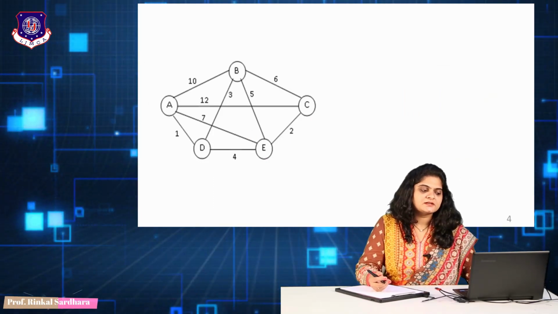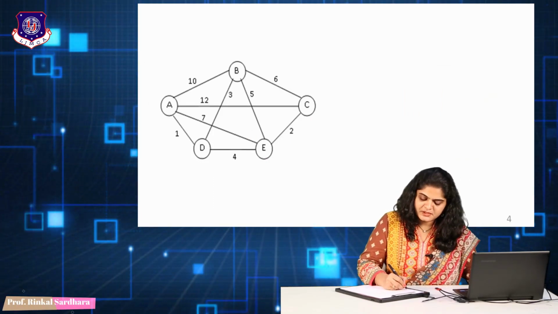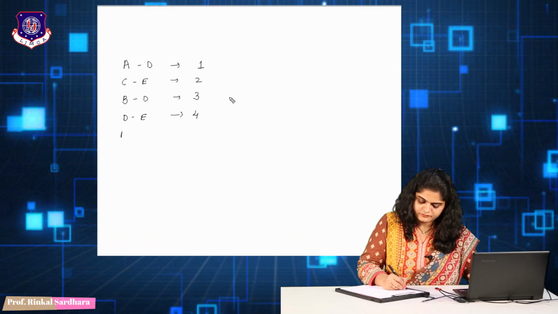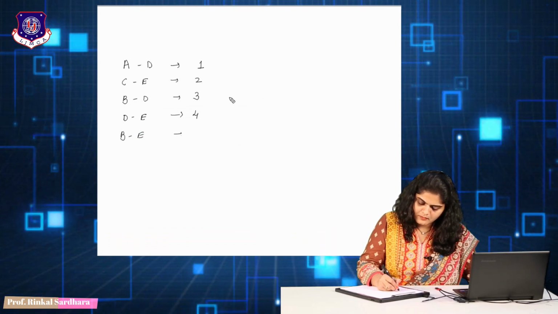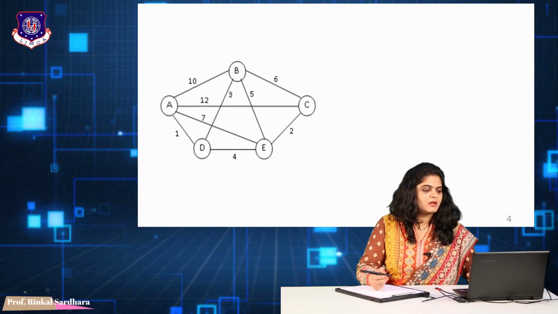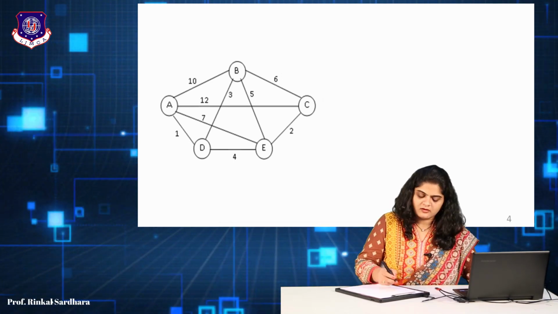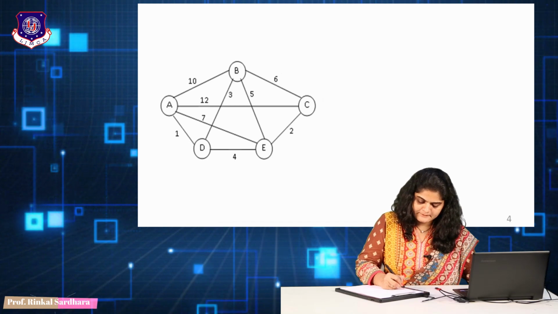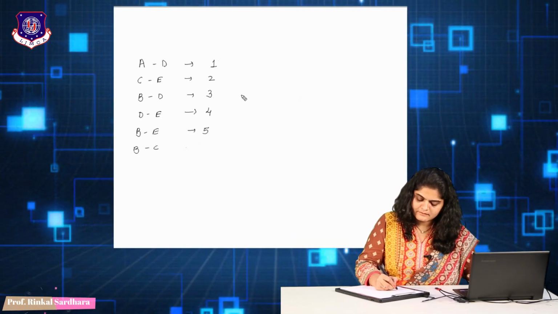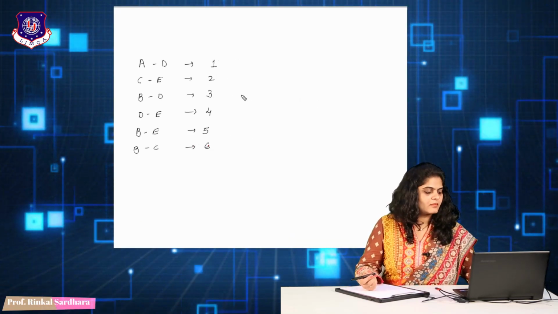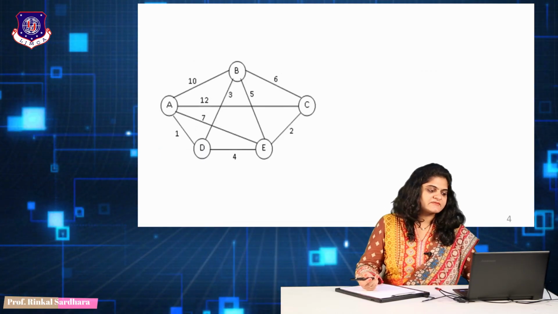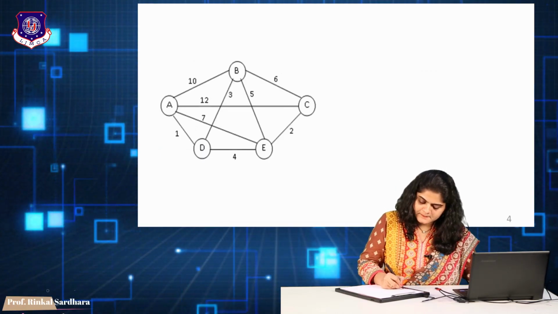The next is 5, that is B to E. Next one is 6, edge BC. Next one is 7, A to E.